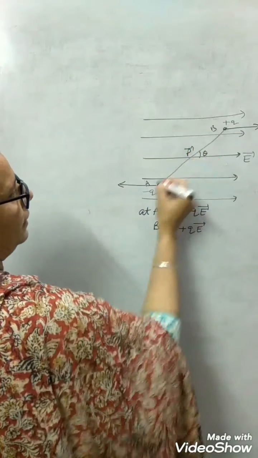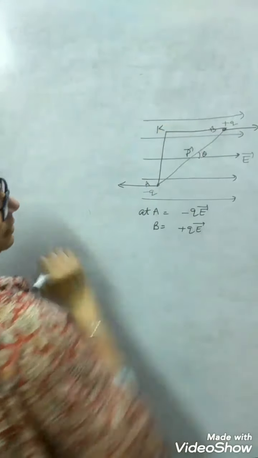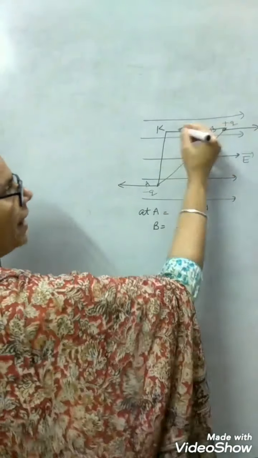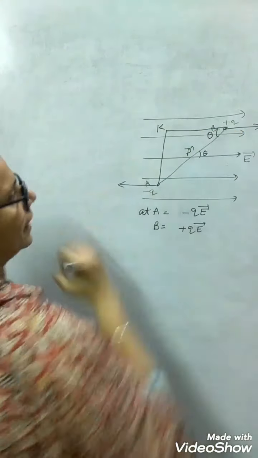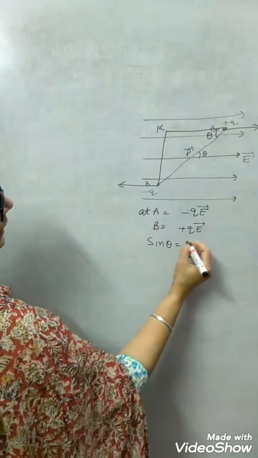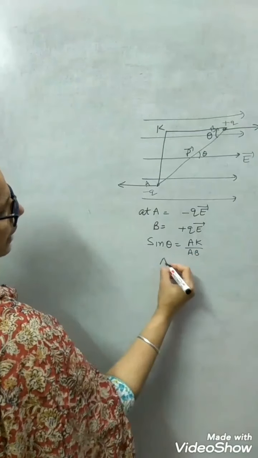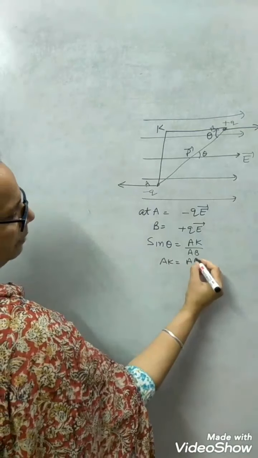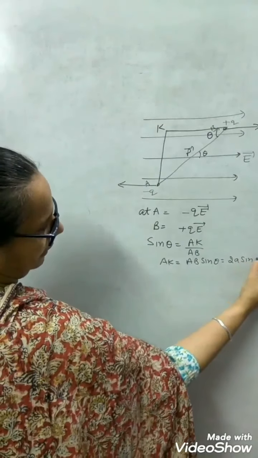This is the P vector. Torque means force times perpendicular distance. AK is the perpendicular distance between the lines of action of the two forces, at angle theta. And sine theta is AK upon AB, so AK is AB sine theta, or 2A sine theta.